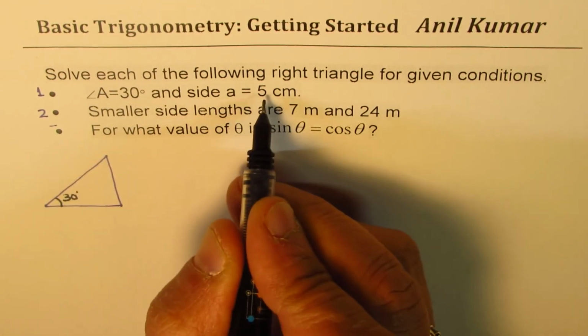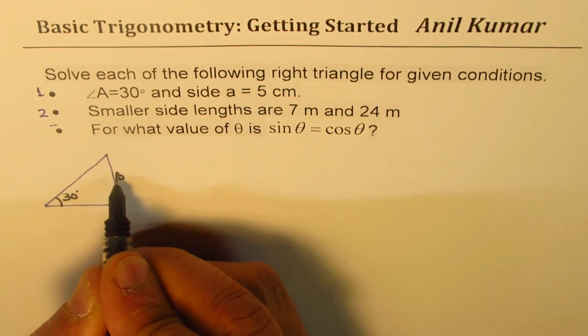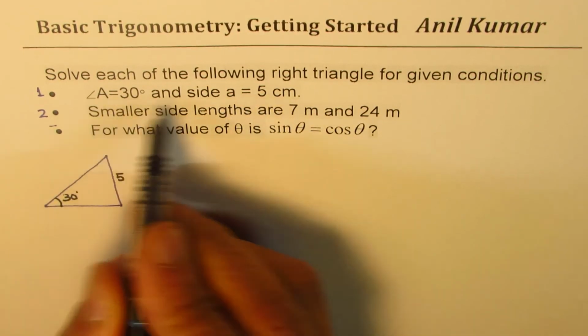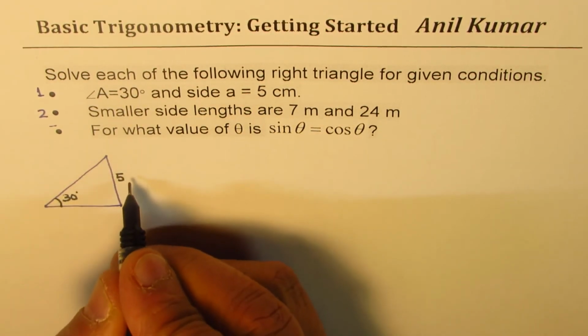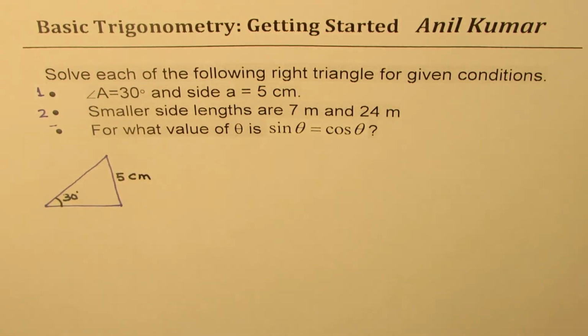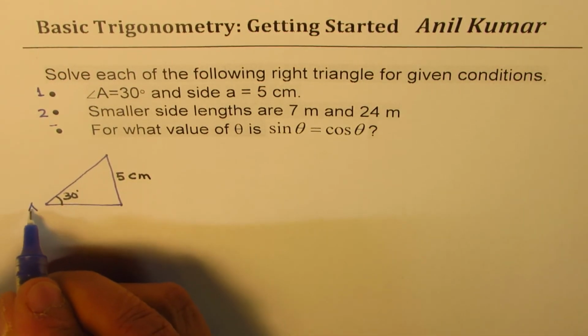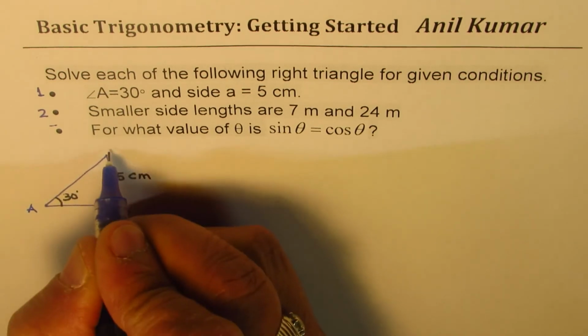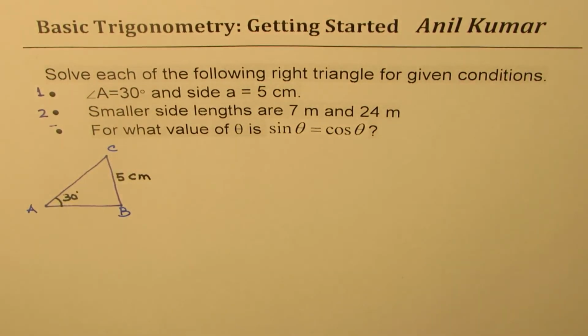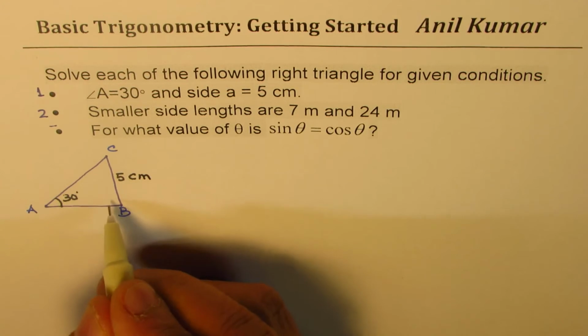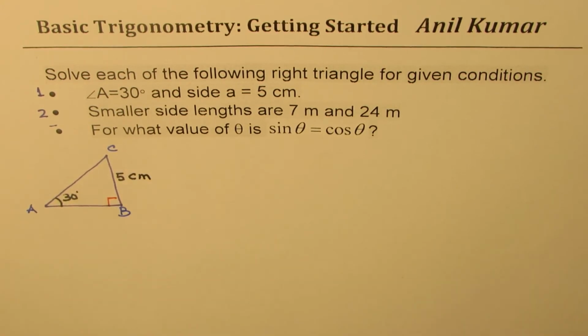And side a is 5 centimeters. Always A and a, they correspond to one another. Sides are written in lowercase, angles in uppercase. So we get A, B, and C. So in this triangle, we'll assume right angle at B as drawn, correct?